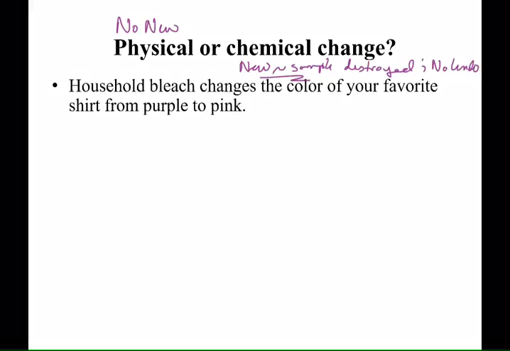All right. So, for instance, the first one might be a little tricky. If you accidentally get some bleach on your shirt, and of course it bleeds out to a white, is that a chemical change or a physical change? Well, can you undo it? Well, I say that you can't undo it without getting another dye. So actually, that is a chemical change.